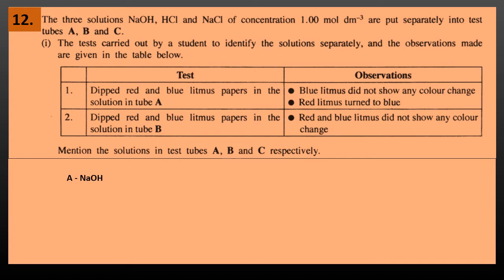In solution B, red and blue litmus did not show any color change, so it should be a neutral solution. So B should be sodium chloride. Then C should be hydrochloric acid.